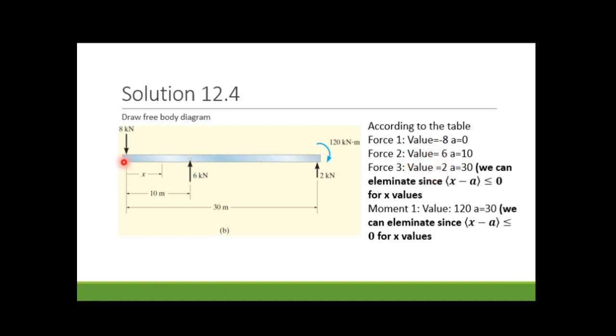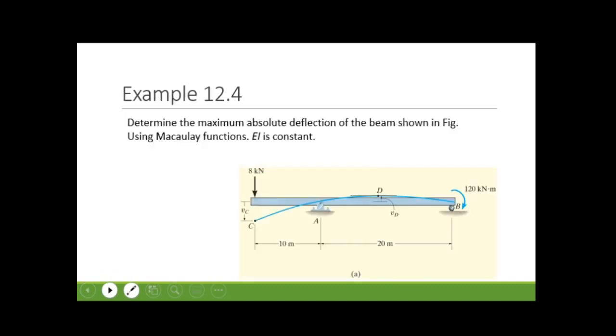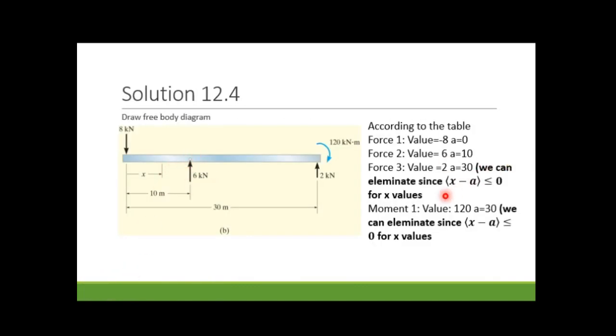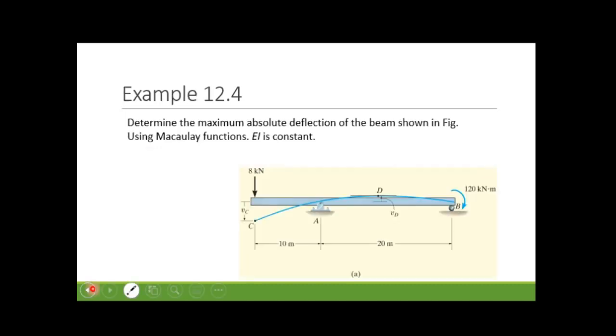The distance from the initial point, the location of this 8 kilonewton, is the origin of our coordinate, therefore a is equal to 0. For the other forces, the distance is 10 for the 2 kilonewton force. Also for the moment, the value is counterclockwise.